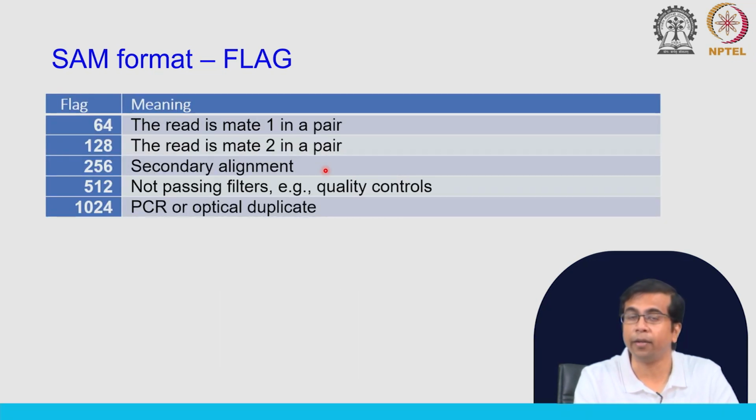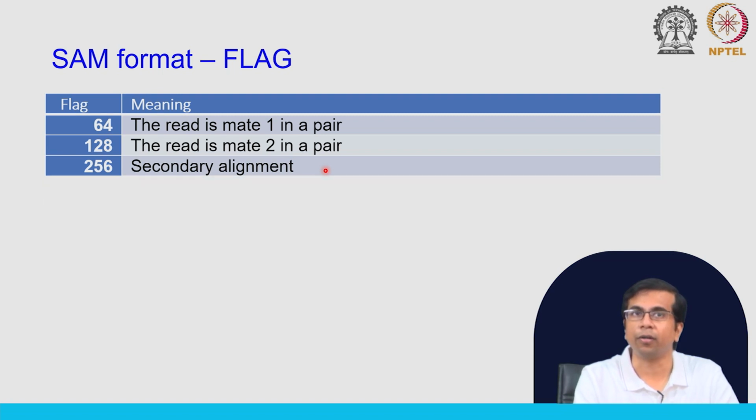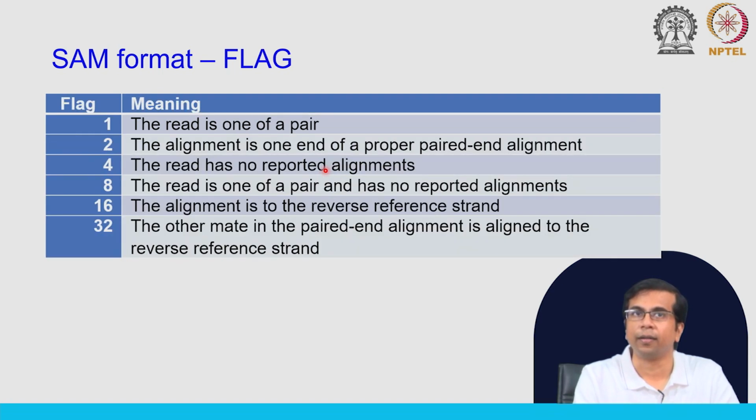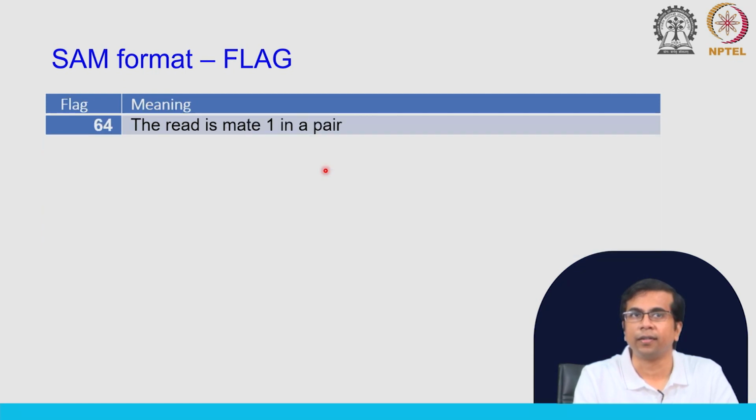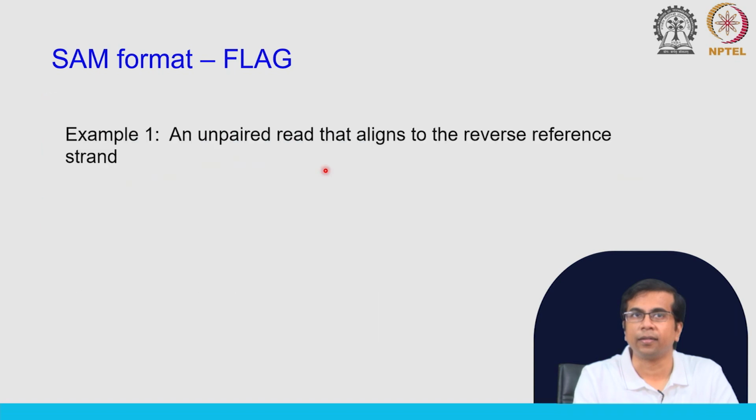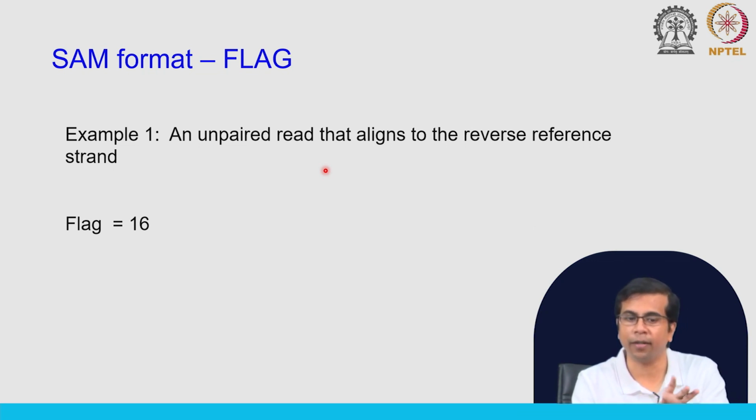This is unpaired data, so you will not apply any of the paired end data flags. It aligns to the reverse reference strand, so the only thing you can see is 16. This will apply to single end data as well, and the flag is 16. You can try this yourself, you can go back and see the table.